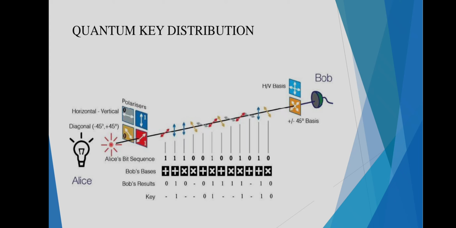Some may be straight, some may be in parallel directions. Here the keys and Bob's results are given. This is a figure depicting quantum key distribution.